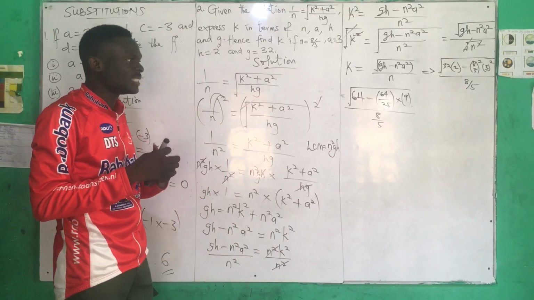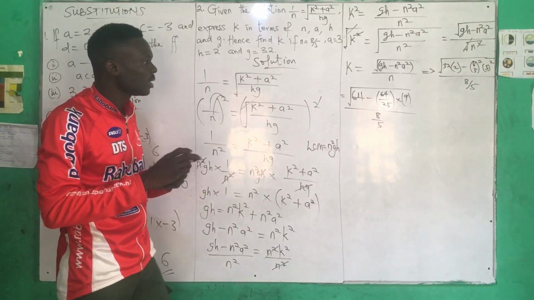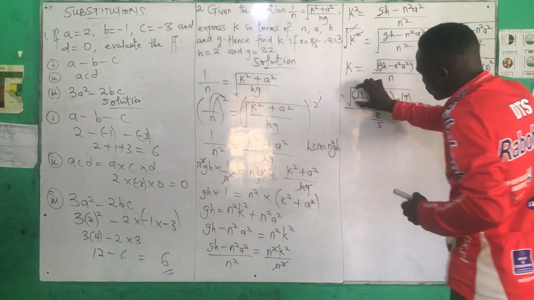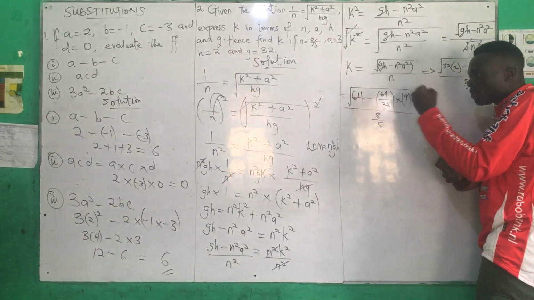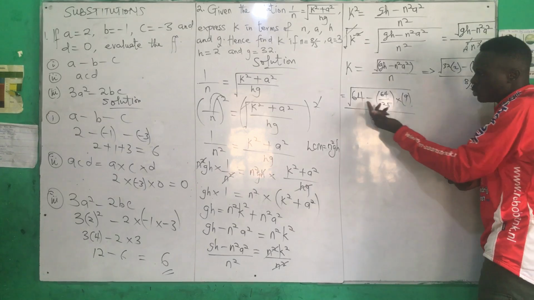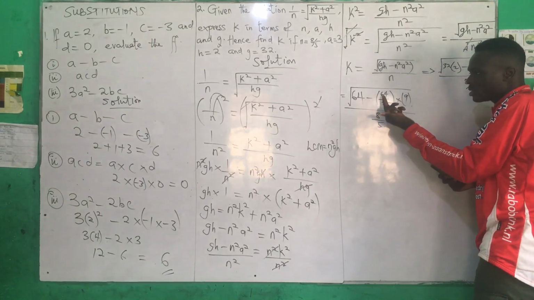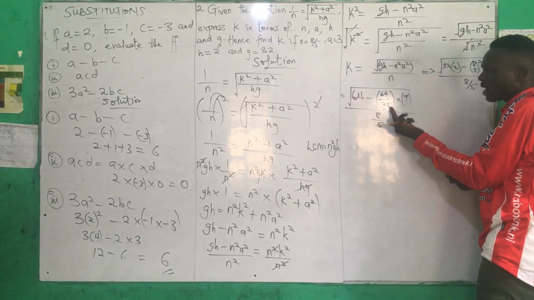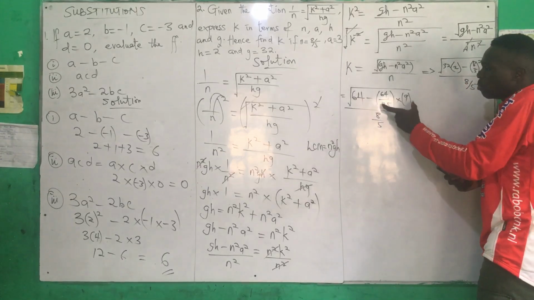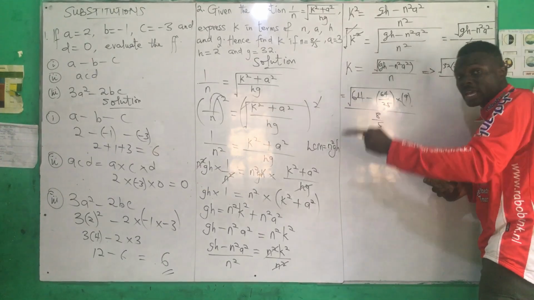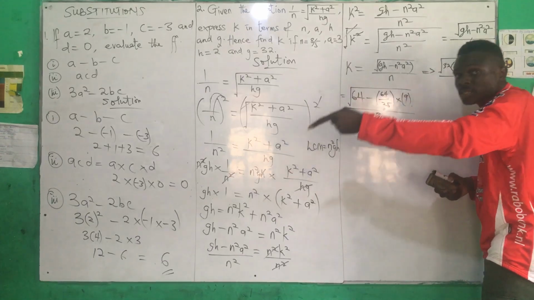So let's solve it systematically. Now in the square root, we are to apply BODMAS. You have 64 minus 64 over 25 times 9. Now, using BODMAS, multiplication should be solved first before subtraction.